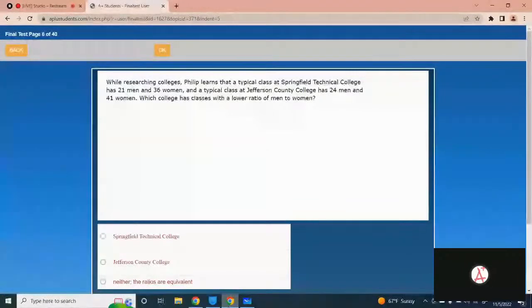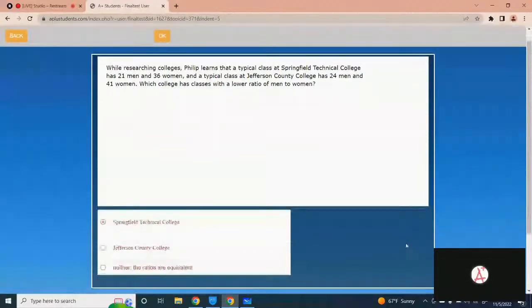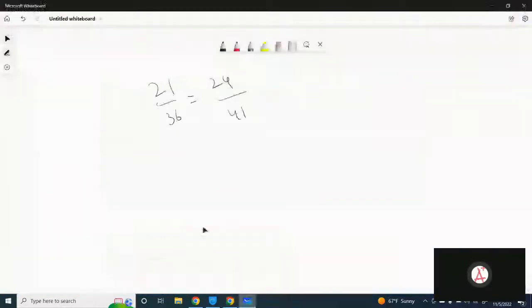So Springfield Technical College has 21 men out of the 36 women, and here you have 24 men out of the 41. Got it? So 24 out of 41 is more than half. Let me just check whether the ratios are equivalent.